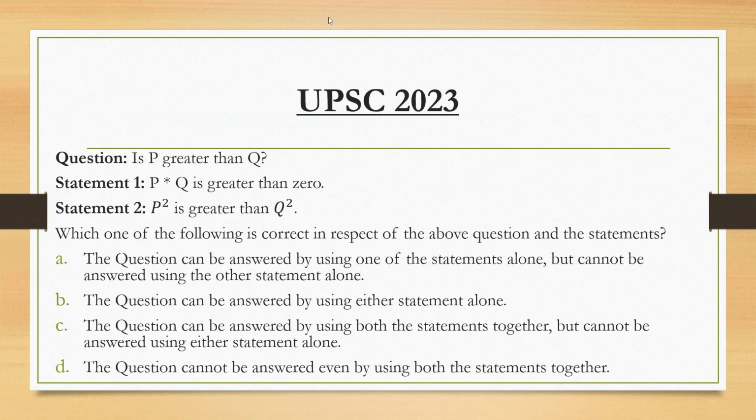Statement 1 says P into Q is greater than 0. Statement 2 says P square is greater than Q square. So try this one out. Which statement will answer your question?